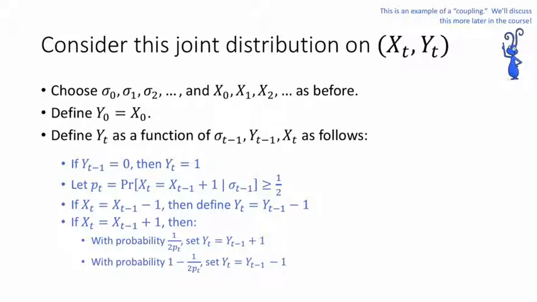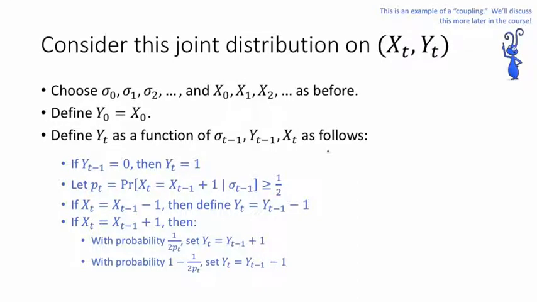So we're going to flip another coin, and with probability 1 divided by 2 times p sub t, I'm going to set y sub t equal to y sub t minus 1 plus 1, and otherwise y sub t is going to be equal to y sub t minus 1 minus 1. Intuitively, what we're doing here is picking up the slack of the extra probability that might happen if p sub t is strictly greater than 1/2.